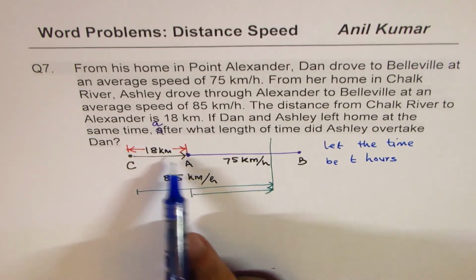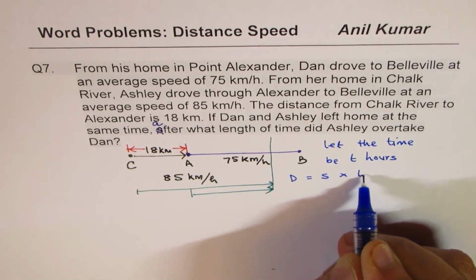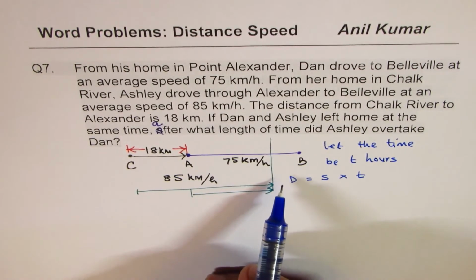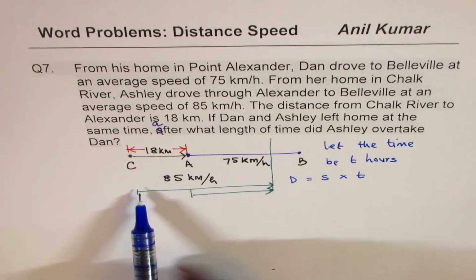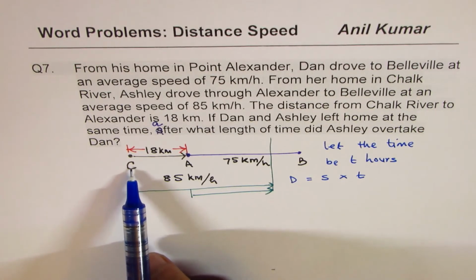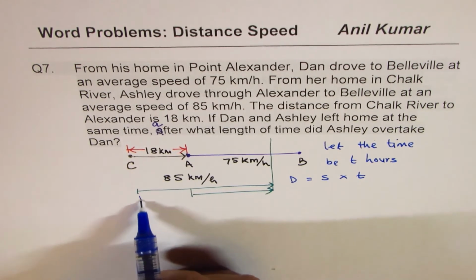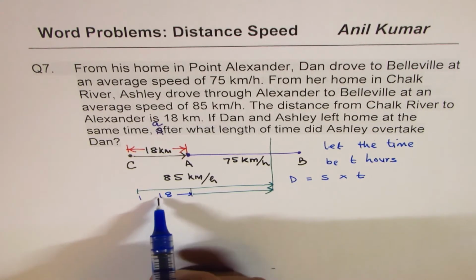Now, distance is speed into time. We know distance is speed into time. Perfect. That's the triangle. So we can now write down the equation, that is the distance traveled by both. If you see, this distance will be 18 plus that much.